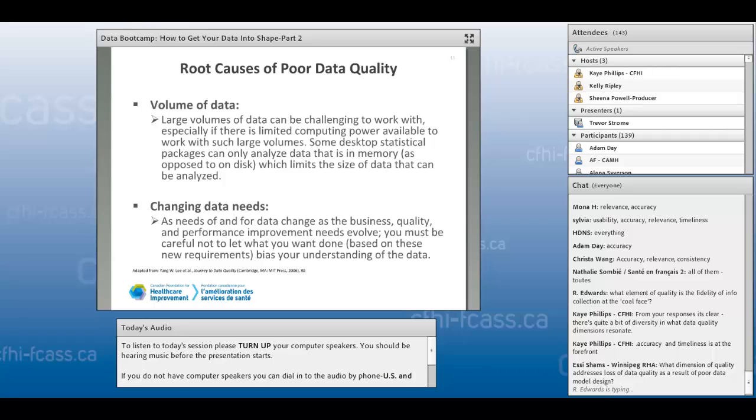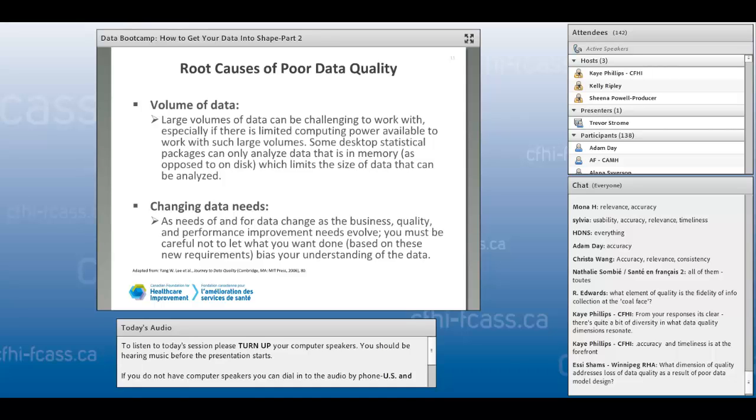So we want to make sure that we're not missing out on perhaps better sources of data, or picking and choosing things that may not be the most appropriate. And finally, changing data needs. In project management, we would call this scope creep.